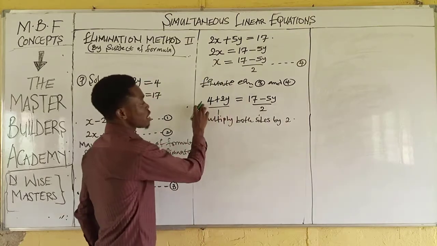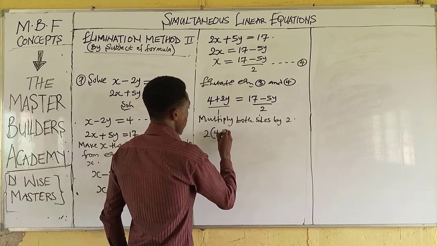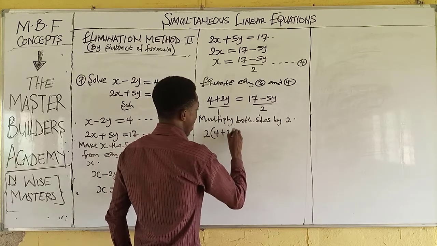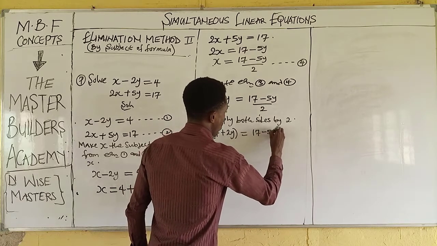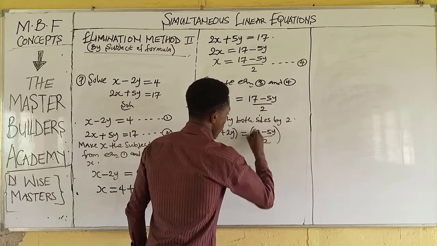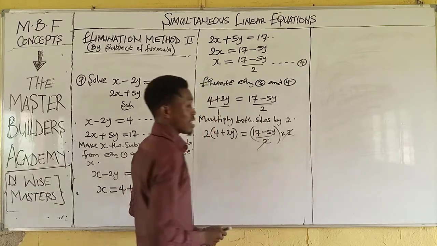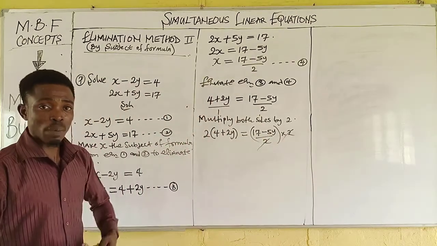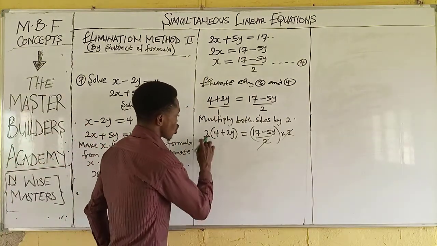Alright, so when we multiply this by 2, guys, we are going to have 2 into 4 plus 2y is equal to 17 minus 5y over 2 multiplied by 2. So this 2 takes care of this, and that's the essence of multiplying 2 by 2 so that we can clear up the fraction.